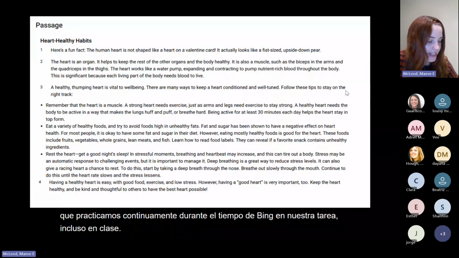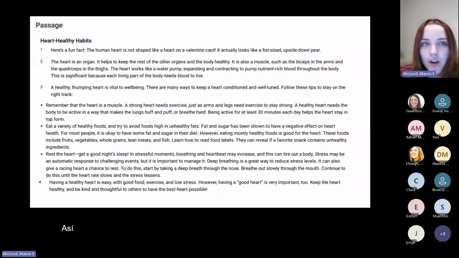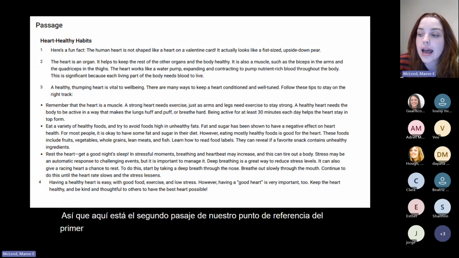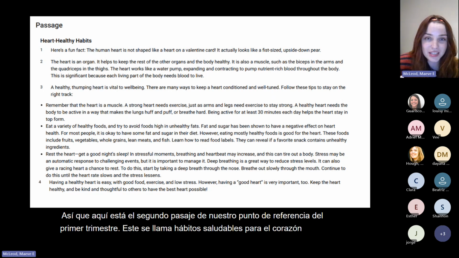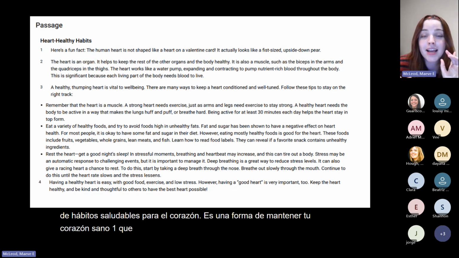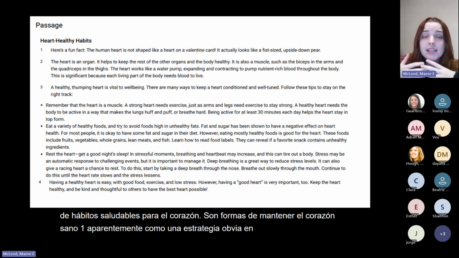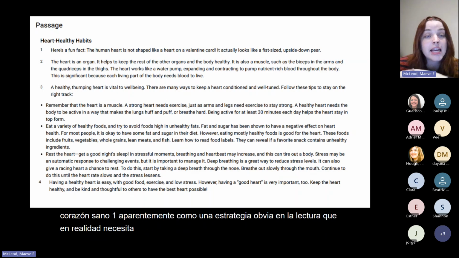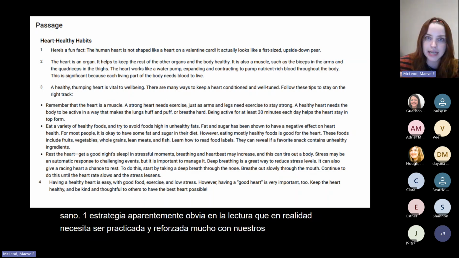So here is the second passage from our quarter 1 benchmark. This one is called Heart Healthy Habits, and it is about ways to keep your heart healthy. One seemingly obvious strategy in reading that actually needs to be practiced and reinforced a lot with our kids is simply reading the title of a text.